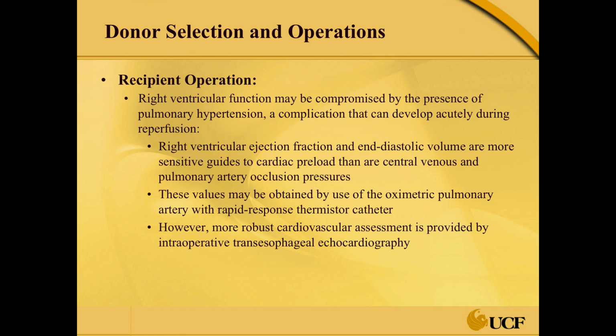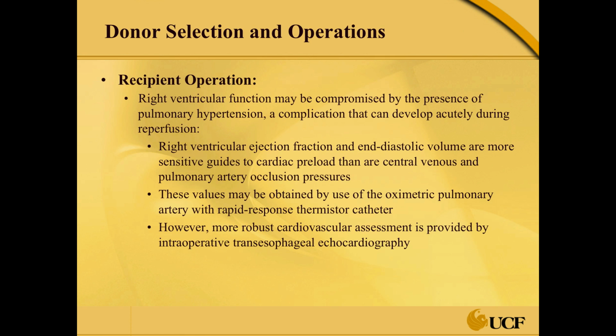The patient might have a Swan-Ganz catheter and we would want to look at central venous pressure, but we would really want to look at right ventricular ejection fraction and end diastolic volume as our guides to cardiac preload. These values may be obtained by use of an oximetric pulmonary artery catheter with rapid response thermistor, or again, the patient might have a Swan-Ganz, but more than likely not.